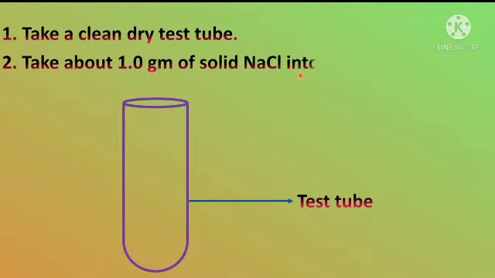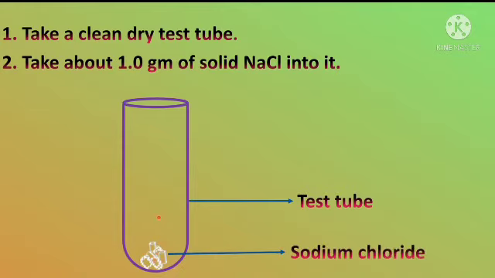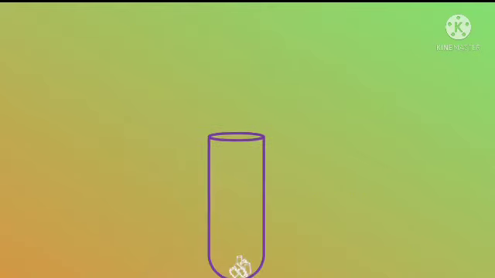Here we are taking 1 gram of sodium chloride crystals. Now we have to add some concentrated sulfuric acid, H2SO4, into the test tube.